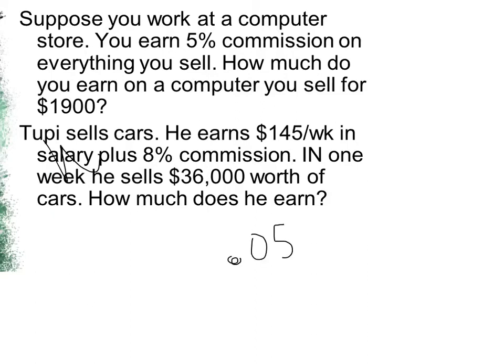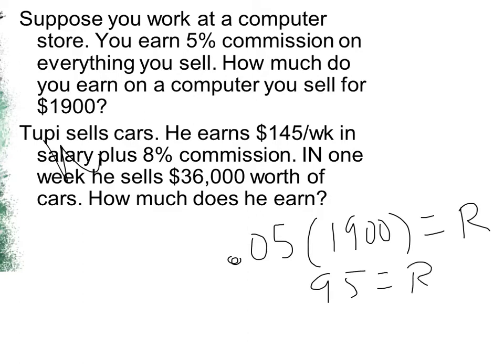On a computer you sell for $1,900, so 0.05 times 1,900 is equal to what you get, your R. So 5% of 1,900 is 95. So you get $95 in commission.